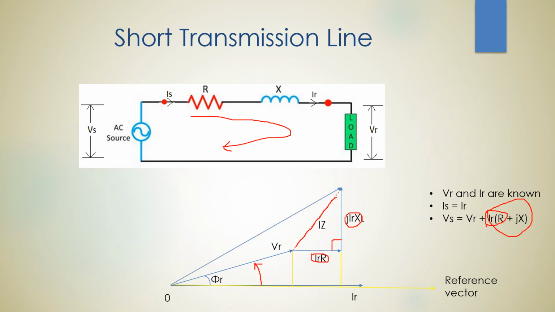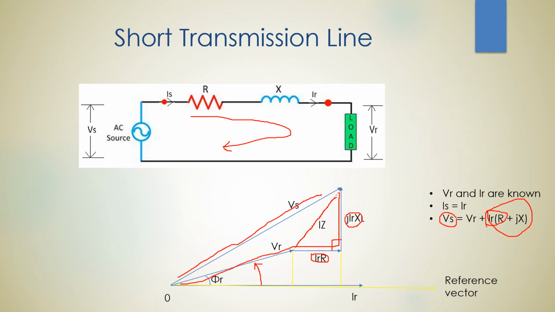And now we have drawn all the three vectors, right? VR, then IR into R, IR into jX, which gives our Vs. Ultimately we found the vector Vs. So this is our Vs vector.